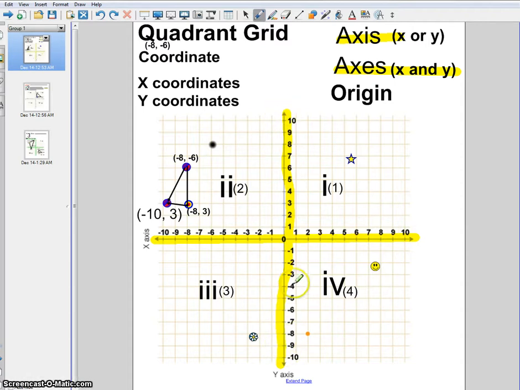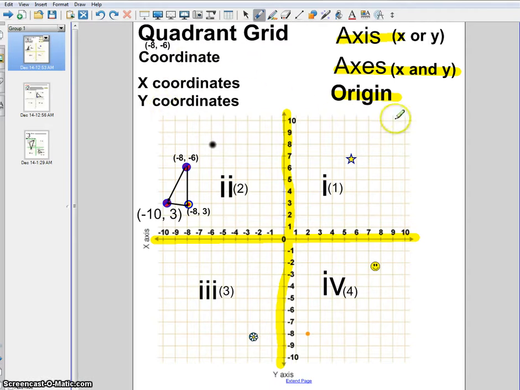On the x-axis, the numbers to the left of the 0 are all negative, and the numbers to the right of the 0 are all positive. And look at the y-axis now. The numbers above 0 are all positive. The numbers below 0 are all negative. The 0 at the center is called the origin.